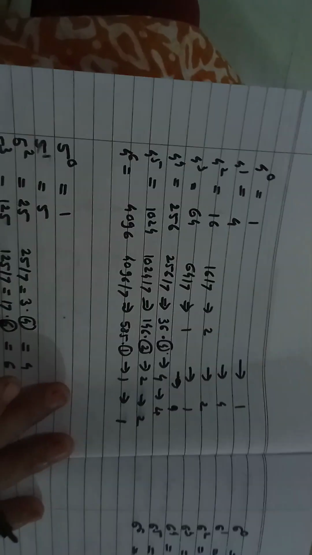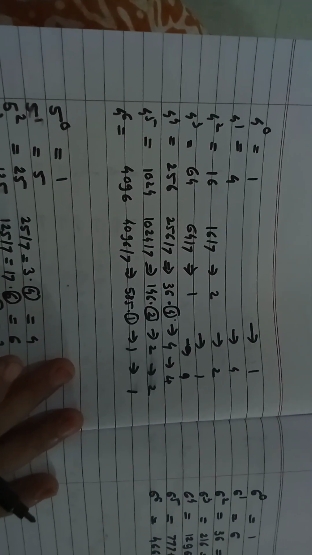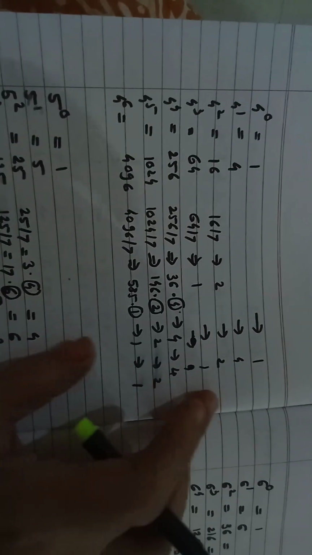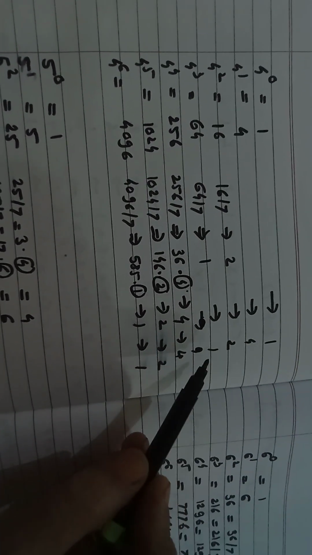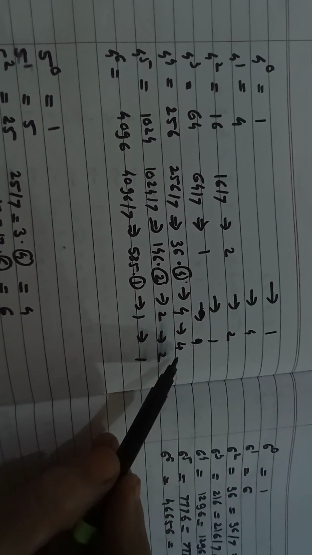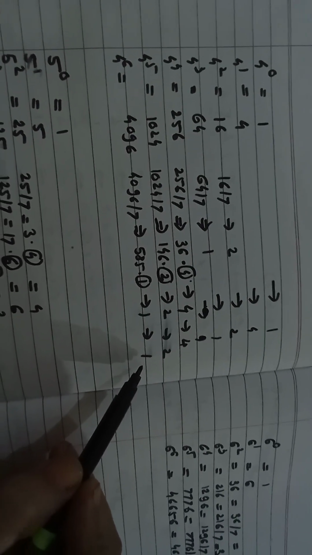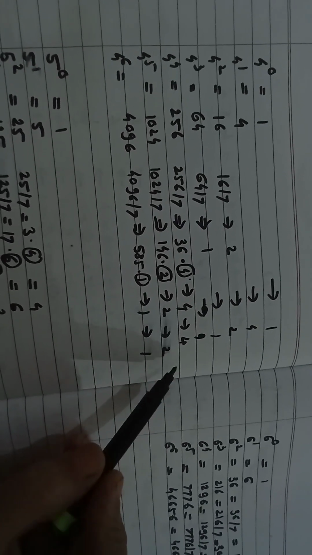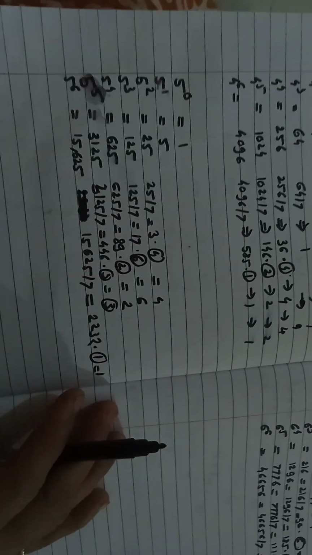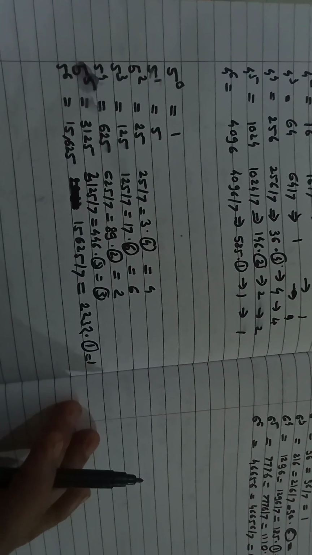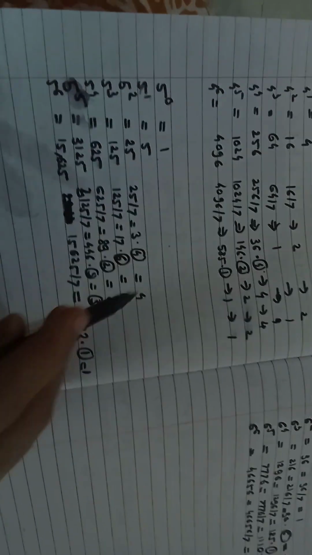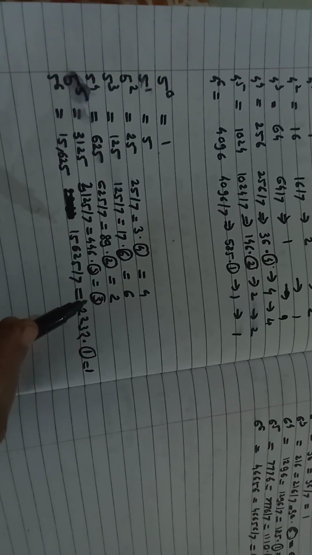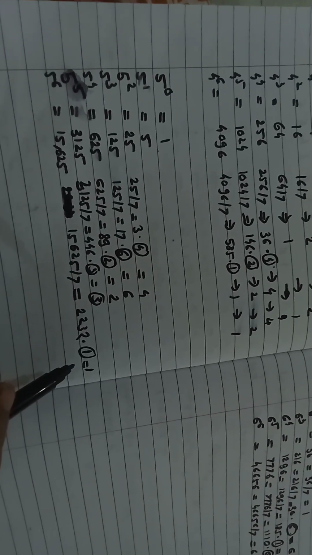Now let us check 4. So for 4, here 1 4 2 1, then 4 2 1. So here 4 cannot be the primitive element because 3, 5 and 6 are not represented by 4. Let us check 5. So for 5, 1 5 4 6 2 3 1.